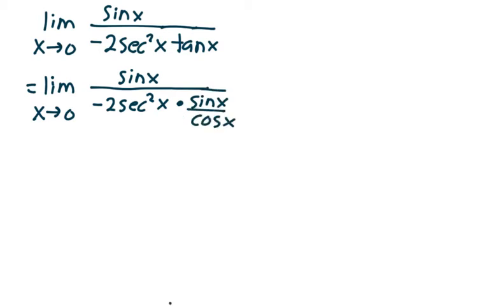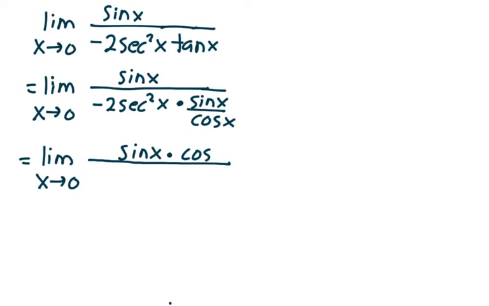And then this is the limit as x goes to 0 of sine x times cosine x divided by negative 2 secant squared x times sine x. But I want you guys to notice something.